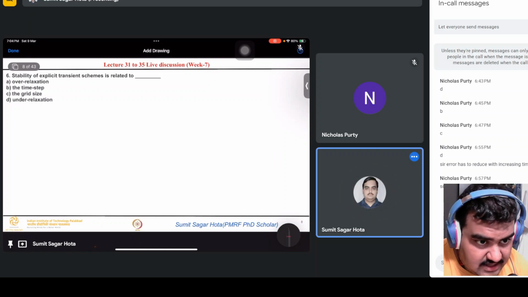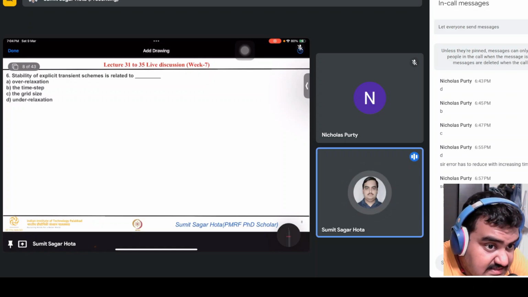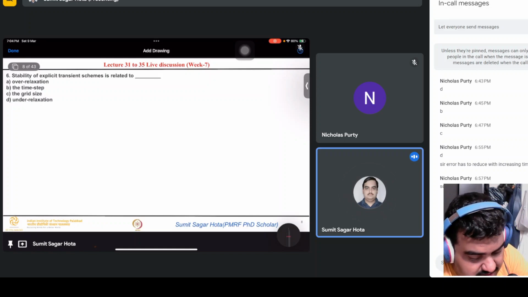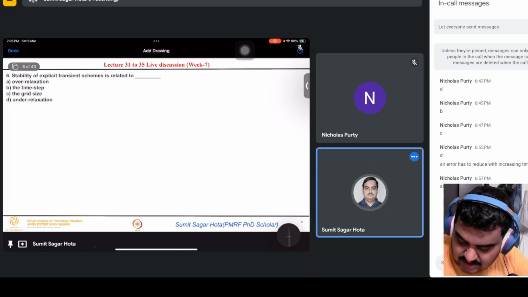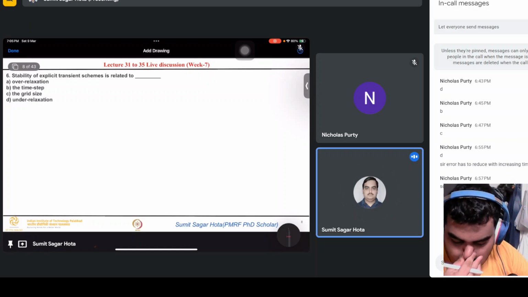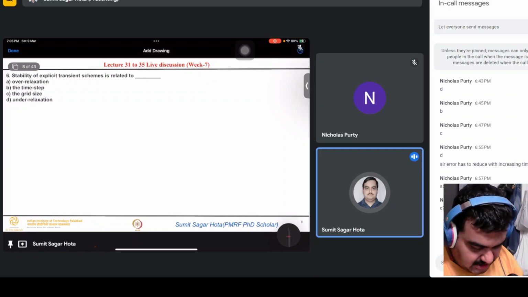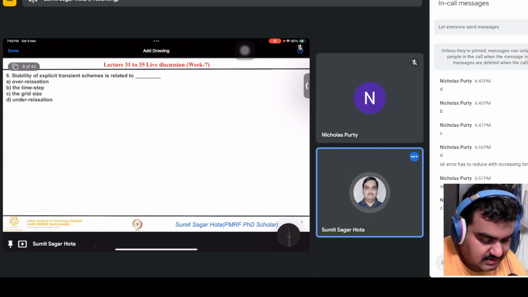Stability of an explicit transient scheme. What? This I think already covered, but yeah, I will give you one.